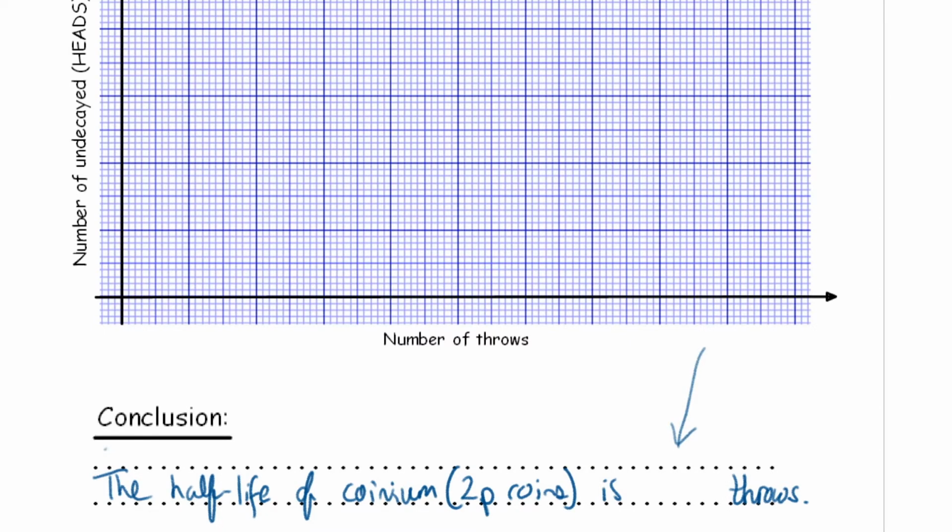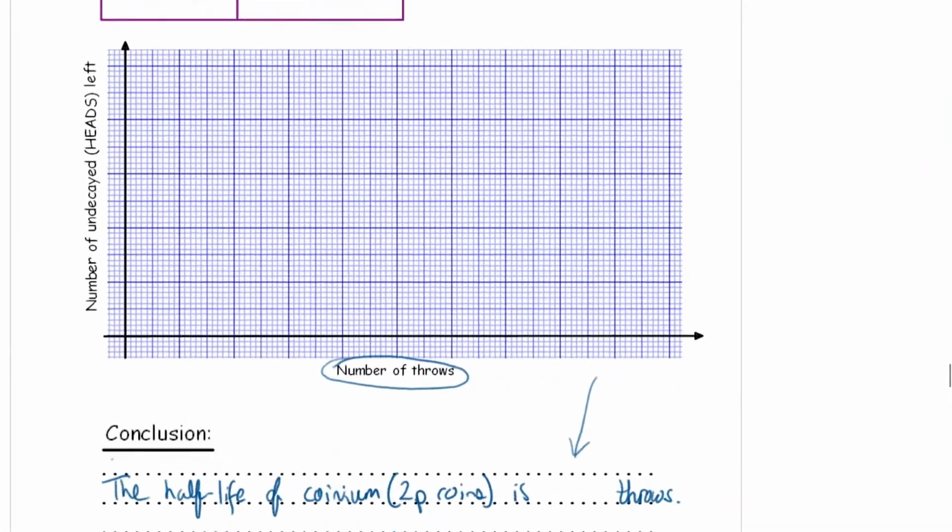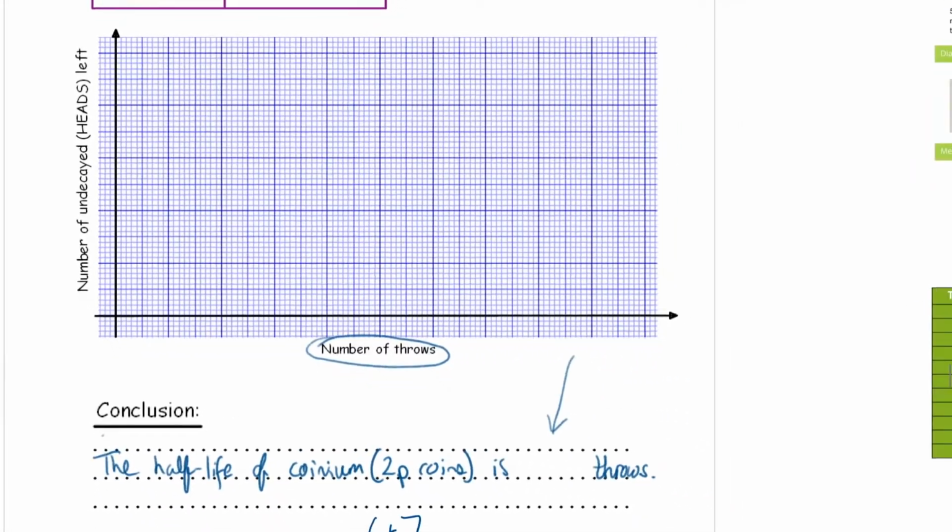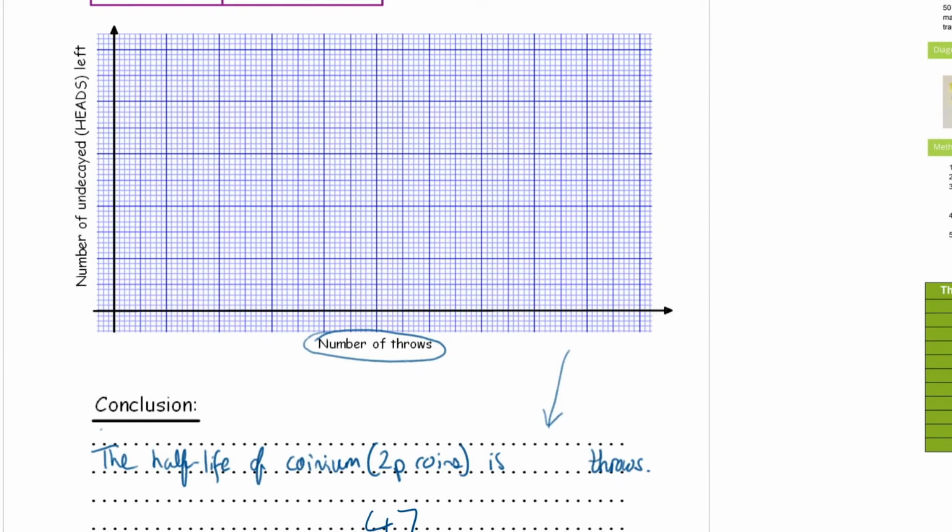Remember, half-life we usually say is the time taken. We are changing from time taken to the number of throws needed for the coins to reduce to half their original value. Okay, pause the video now and plot the points, draw the curve of best fit, and write your answer in. I'll just use a highlighter in this area here.